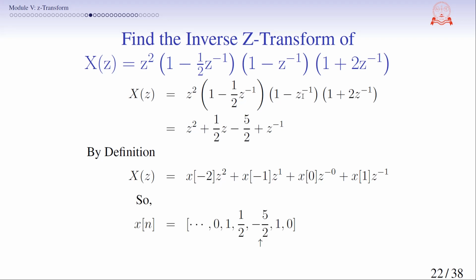So the time domain signal x of n will be x of minus 2 as 1, x of minus 1 as 1 by 2, x of 0 as minus 5 by 2, and x of 1 as 1. So this is my time domain signal.